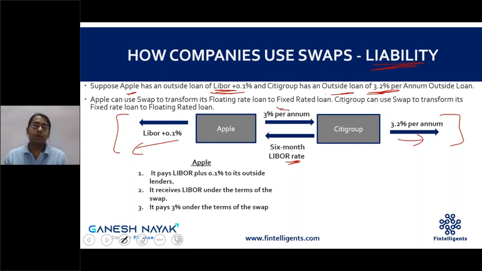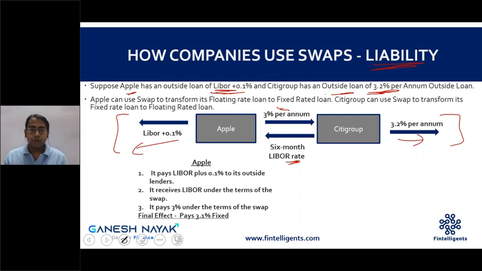Okay, if I combine and look at all the 3 parts, can you realize that Apple is actually paying LIBOR plus 0.1%, but it is also receiving LIBOR. That means LIBOR is actually cancelling out, and Apple is actually paying 0.1%. Okay, plus it is paying 3%. If we combine these two, Apple is paying in entirety 3.1% fixed.